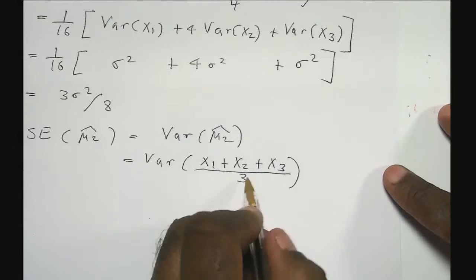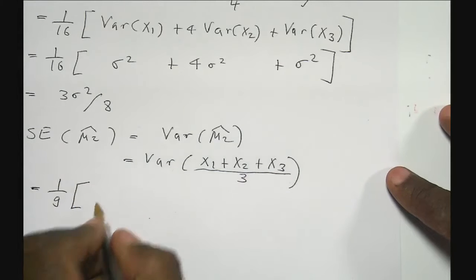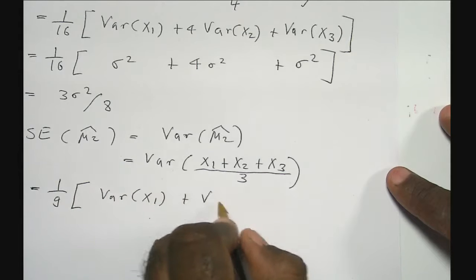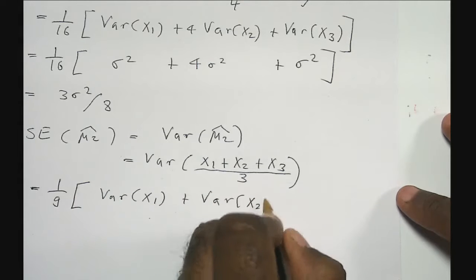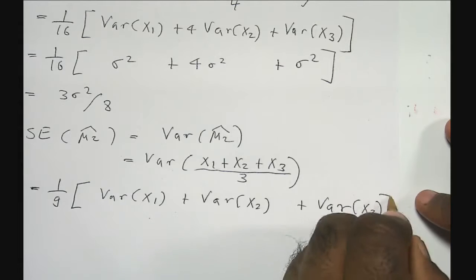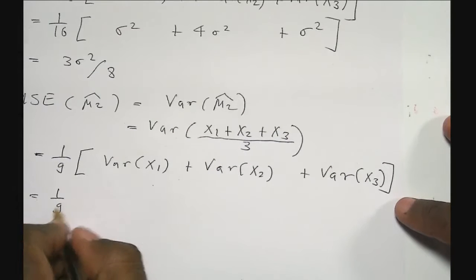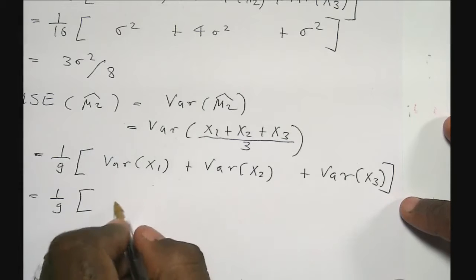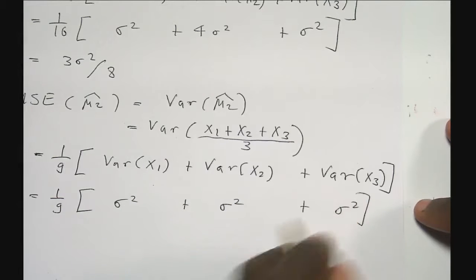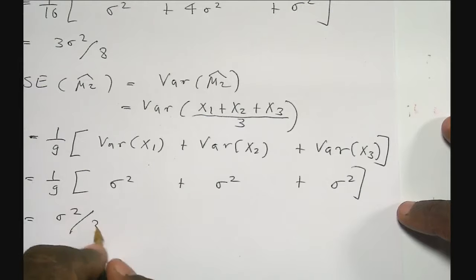Now taking the 3 outside, it becomes a 1/9 times the variance of x1 plus the variance of x2 plus the variance of x3. Each of these has variance sigma squared, so it's sigma squared plus sigma squared plus sigma squared. So this is sigma squared by 3.